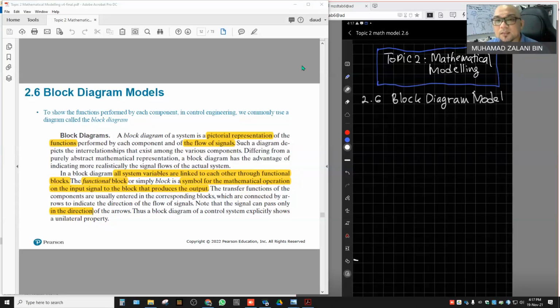So in this session, we are going to explore how we can use the block diagram to represent the control system model.